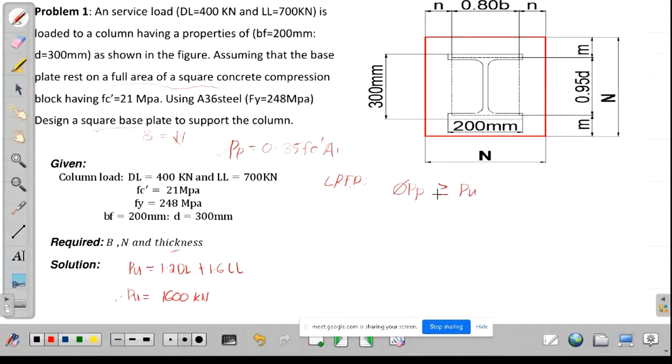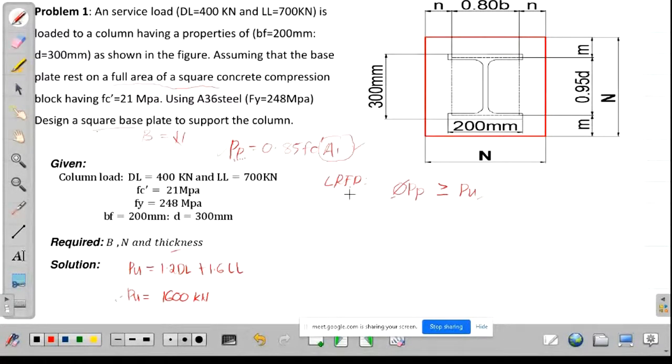Okay, we have now the value of PU. Meron tayong factor and meron tayong equation ng PP. Okay? So to solve for the dimension of square, ang unang-unang kukunin natin is yung area natin. Diba? So, dimension width times length is equal to area. Kaya kailangan natin kunin yung area.